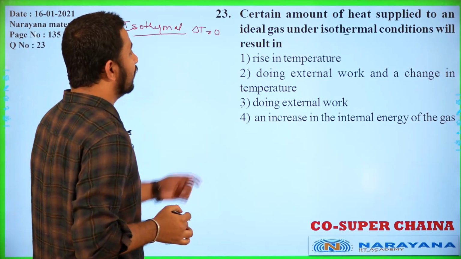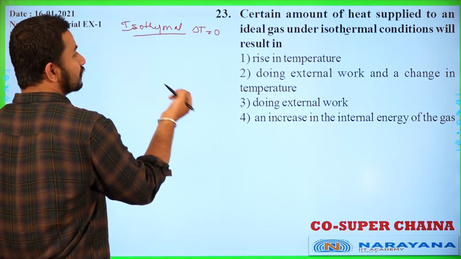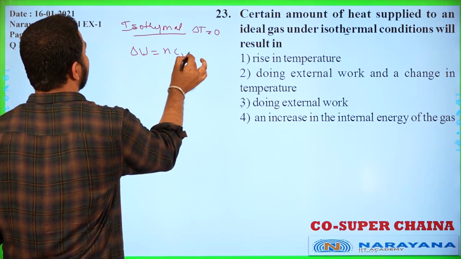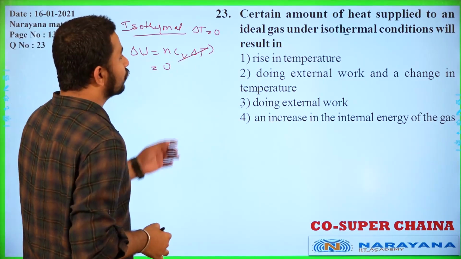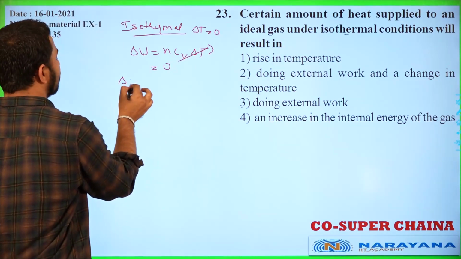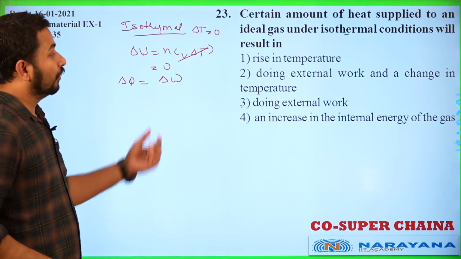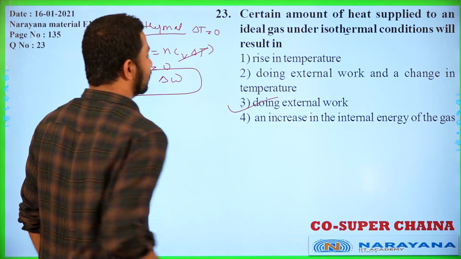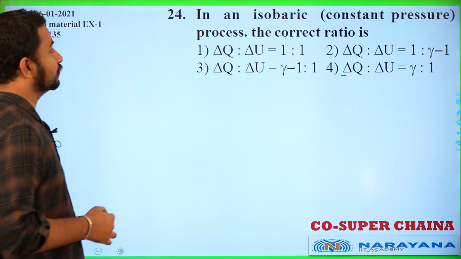Whatever heat supply we are doing, delta Q, delta U will become 0 because delta U can be written as nCv delta T, and delta T is 0. So whatever heat is supplied, delta Q, will be used in doing external work, increasing the work done. That is the answer of this question, right? Let's proceed to the next question now, student.